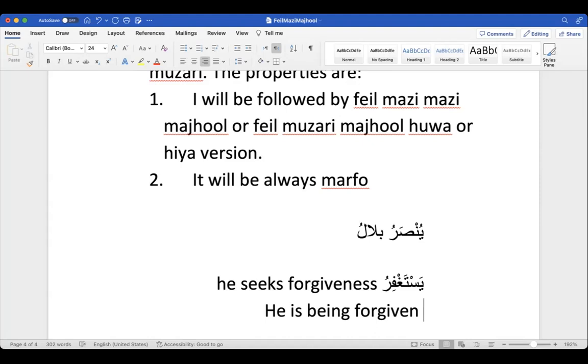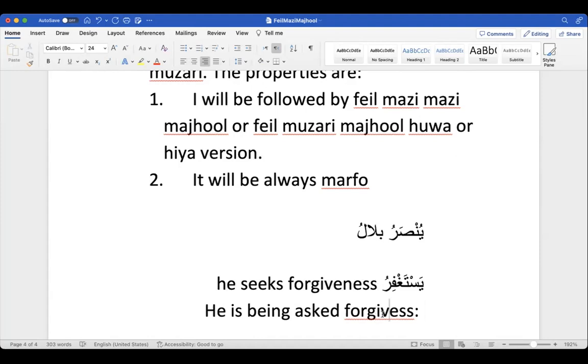No, it's not actually. He is being asked forgiveness. Sorry, I'm mistaken. He is being asked forgiveness. So he seeks forgiveness, the doer is known here, and to whom he seeks forgiveness? So it will be Yustaghfaru.